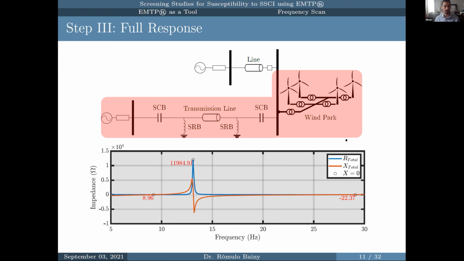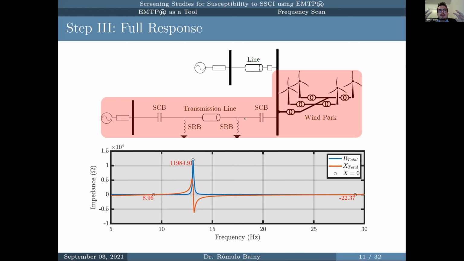And what is the current magnitude that you're injecting in the wind park? The current magnitude is going to depend, of course, on the point of operation of your wind park. But we had a few variations since I was varying the grid, and that was varying the equivalent of the grid connected here.